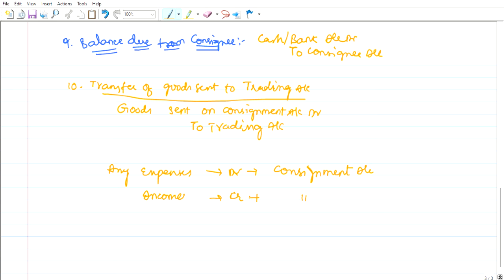So without any gap, we shall go for the consignment account. First, the consignment account.